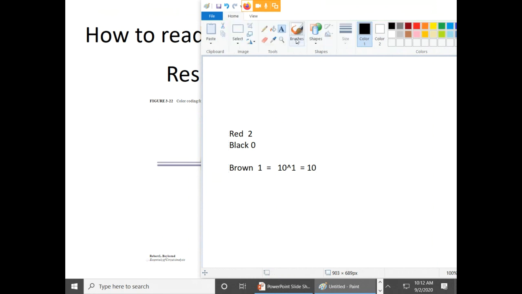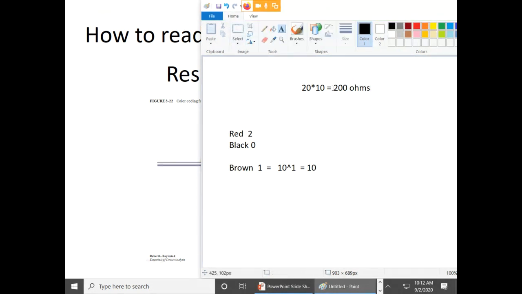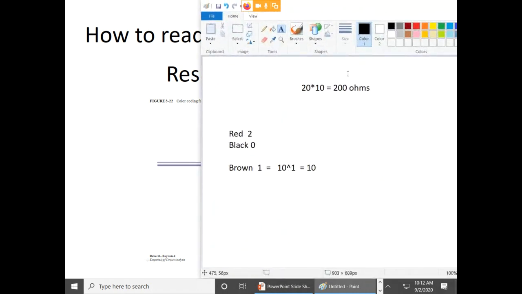And so therefore, the resistance is 2, 0, and then times 10, which gives us 200. So that's 200 ohms. So the resistance of this resistor right here is 200 ohms.